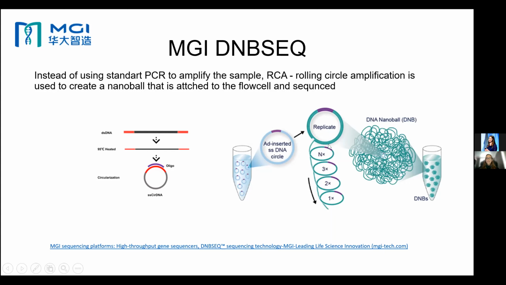The advantage is that it's replicating the original template and not the copy of the copy, as for example in bridge PCR, therefore reducing the risk of introducing errors. So after that, we have made our DNB nanoball, and it's ready for being loaded on the chip.